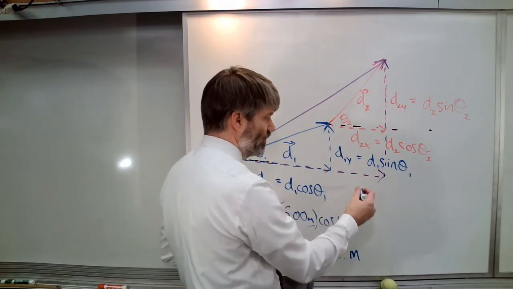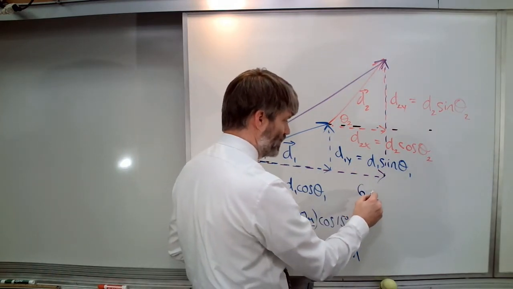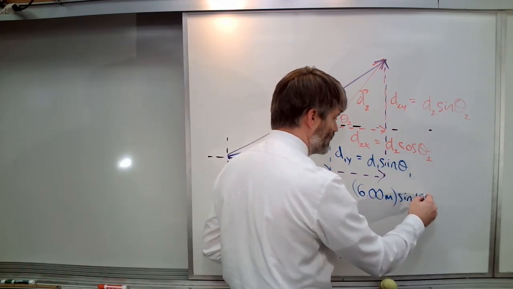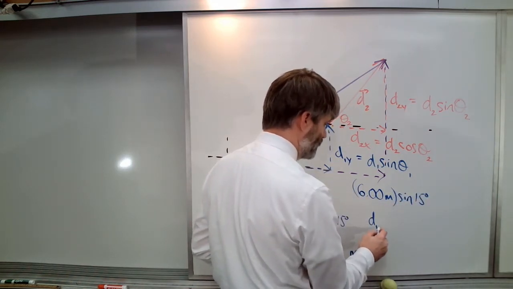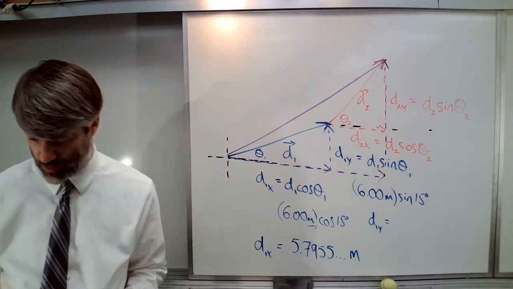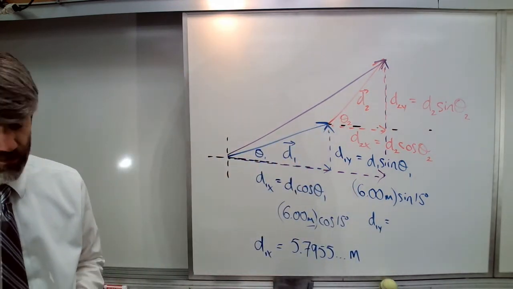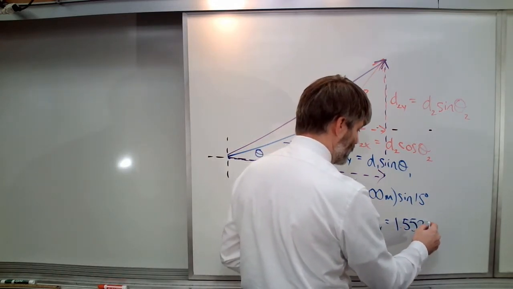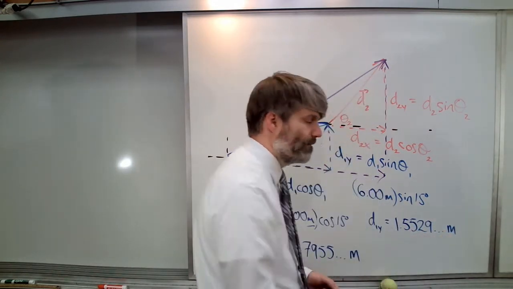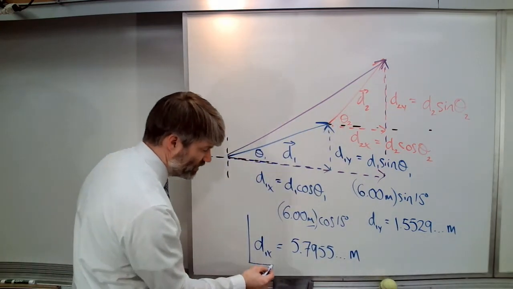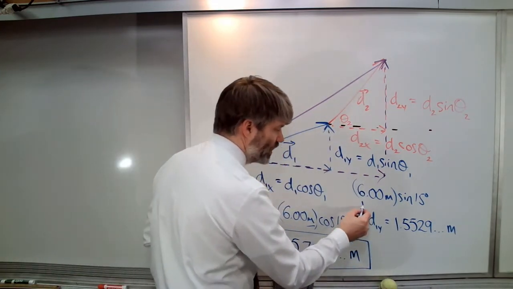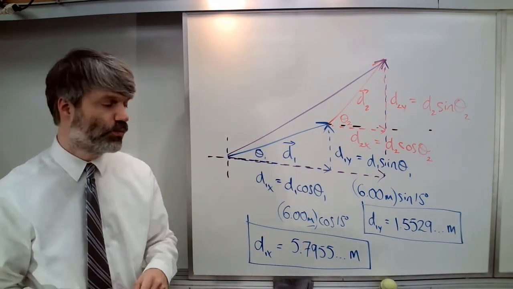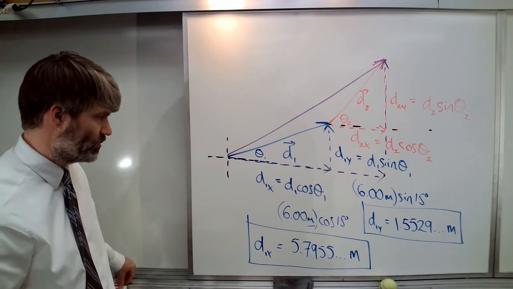Here we have D1's Y, which is, again, 6.00 meters times the sine of 15 degrees. So D1's Y is going to be about 1.5529 meters. So we've got the X component and the Y component of our first displacement vector.